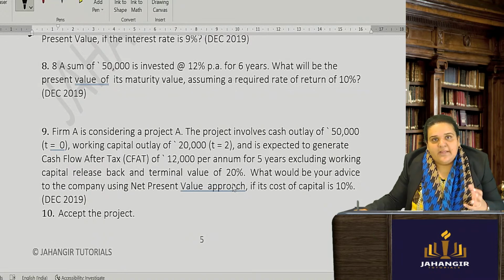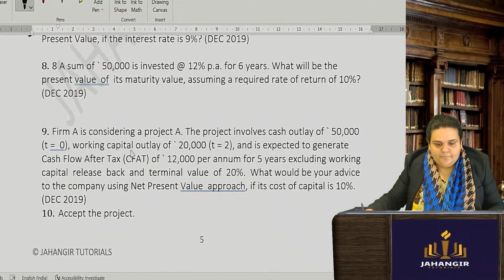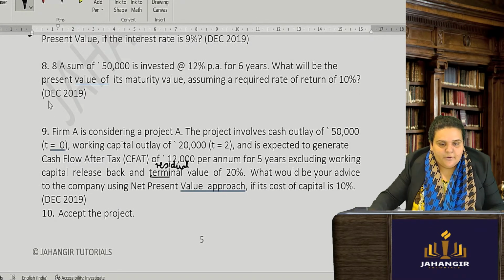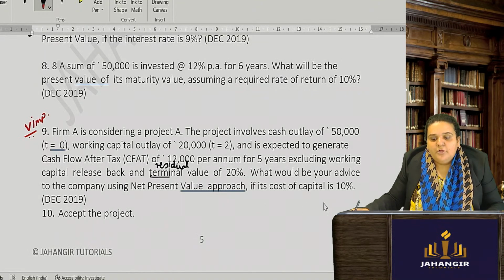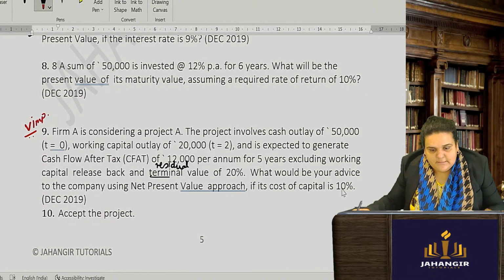So cash flow after tax we will get only for 5 years, but this particular inflow is excluding the working capital which is released and terminal value. Terminal means residual value, of 20%. It is a very important sum. What would be your advice to the company by using the net present value approach if the cost of capital is 10%?